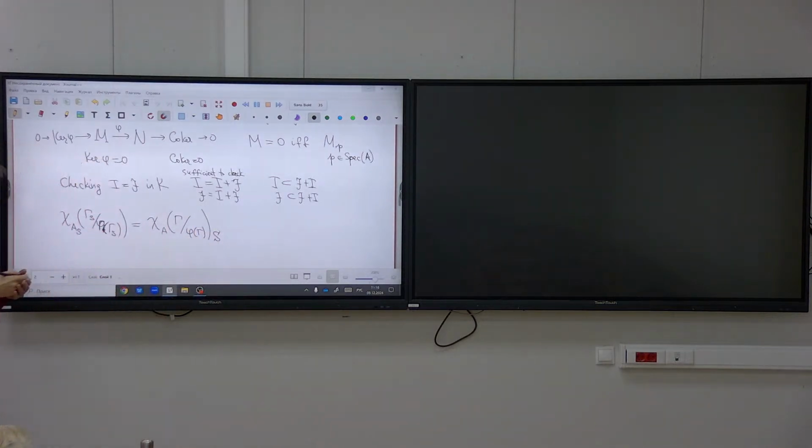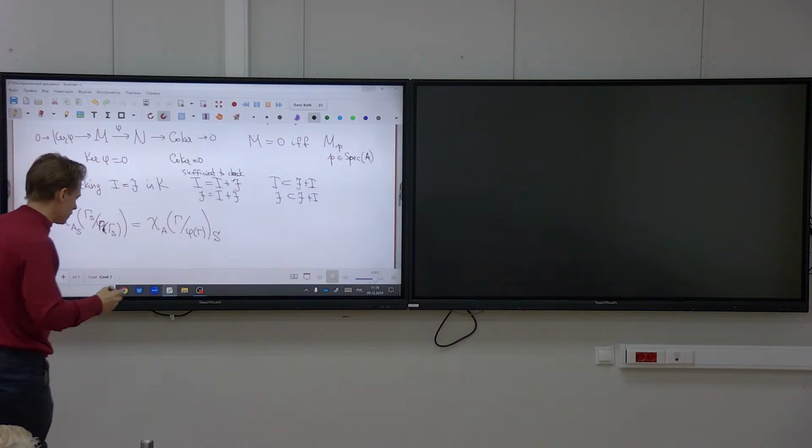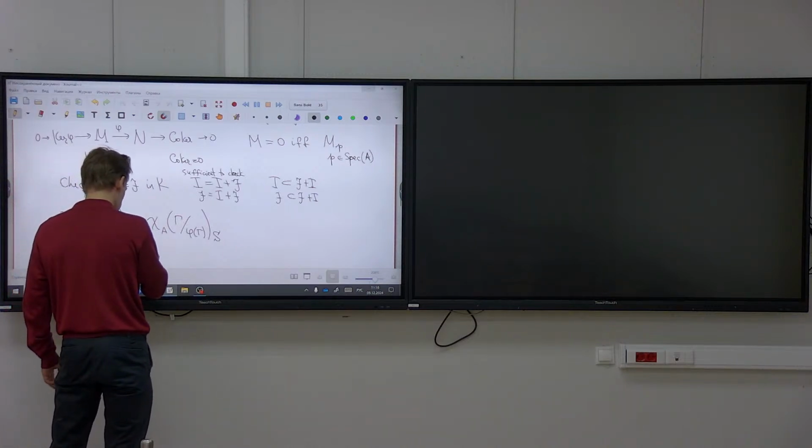So that is the question: what happens after localization for the Dedekind ring. If you have this sequence after localization, this is in the Dedekind case.